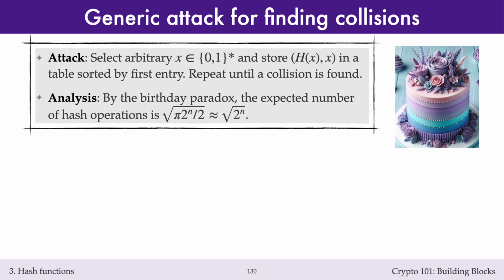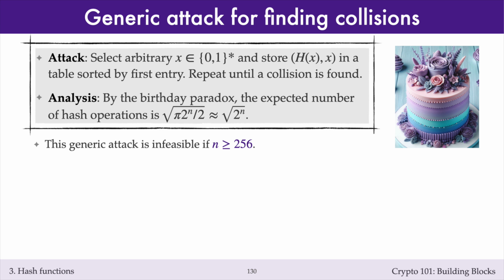Since we're modeling h as a random function, when we select arbitrary messages x, the hash values of x are uniform at random. And so, since there are 2 to the n possible hash values, by the birthday paradox, the expected number of hash operations in this generic attack is roughly the square root of 2 to the n.